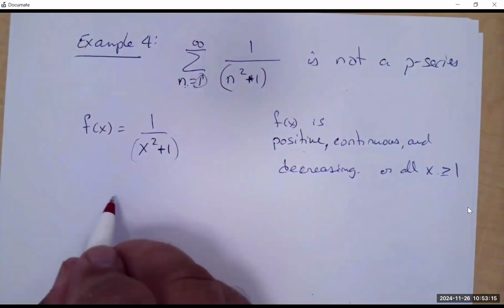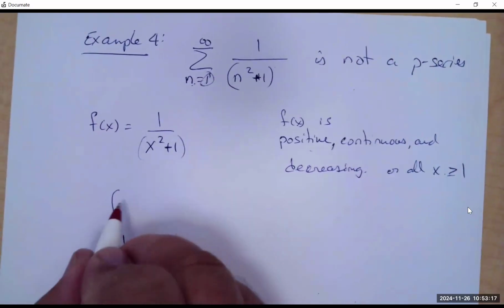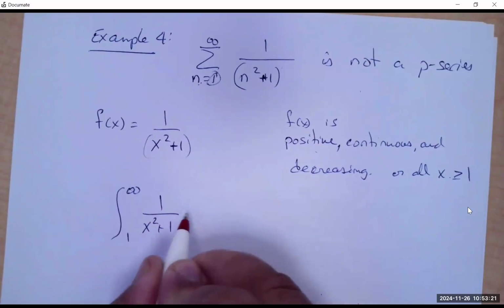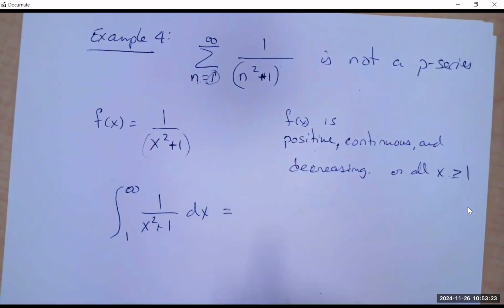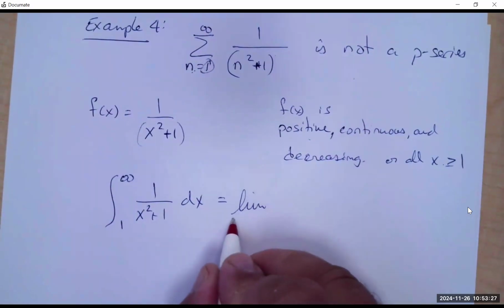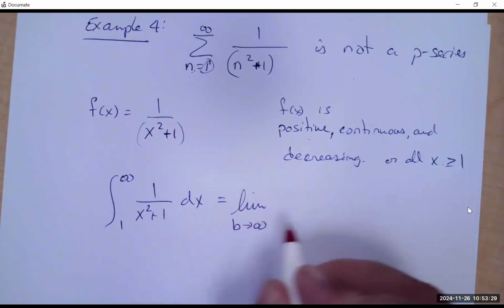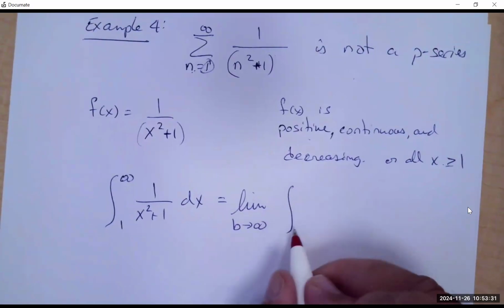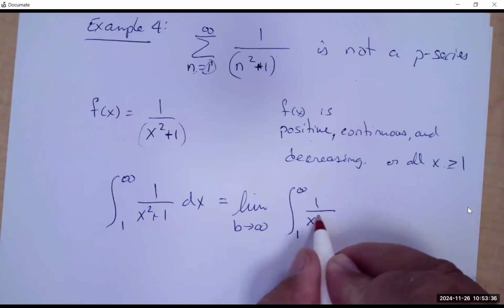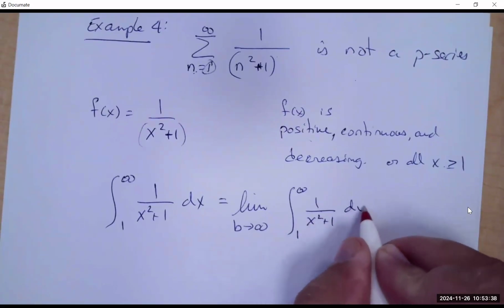Now, because that's so, we can look at the integral from 1 to infinity of 1 over x squared plus 1 dx. And that equals the limit as b goes to infinity of the integral from 1 to b of 1 over x squared plus 1 dx.